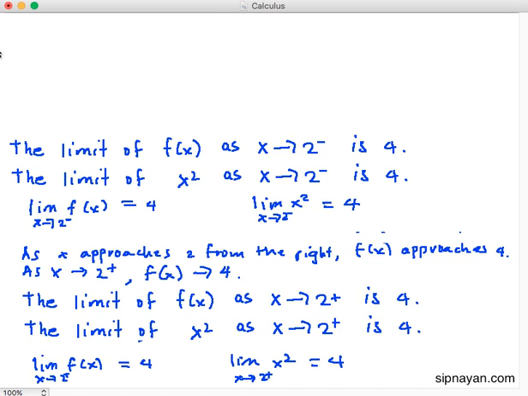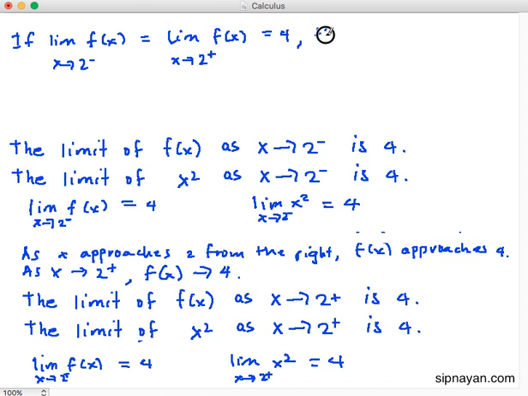Pag pareho silang dalawa, ibig sabihin lang yan, if the limit of f of x as x approaches 2 from the left is equal to the limit of f of x as x approaches 2 from the right is equal to 4, no? Pag equal yung dalawang yan, a certain number, then the limit of f of x as x approaches 2 is equal to 4. So mawawala na to, no? Ibig sabihin, yung limit ng f of x is equal to 4 na siya, no?